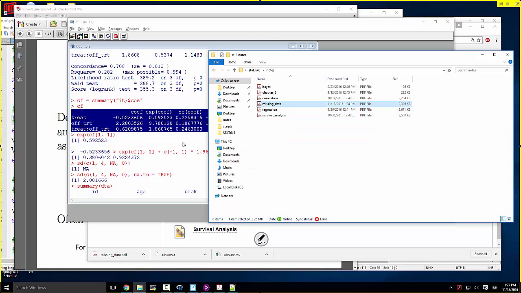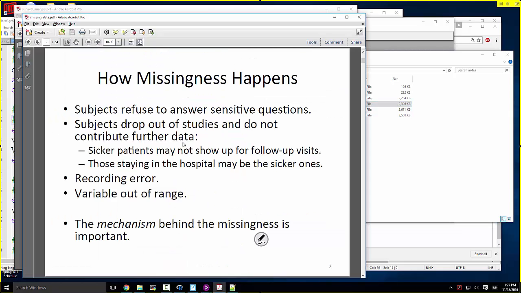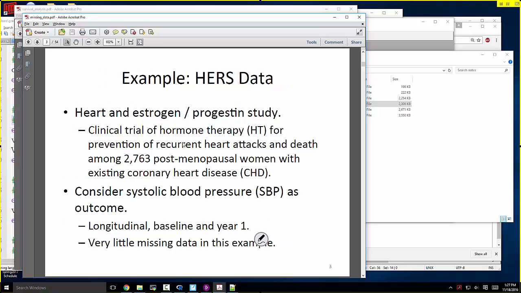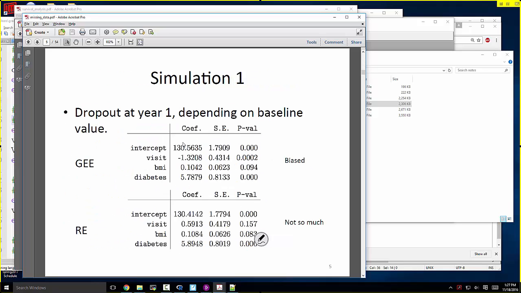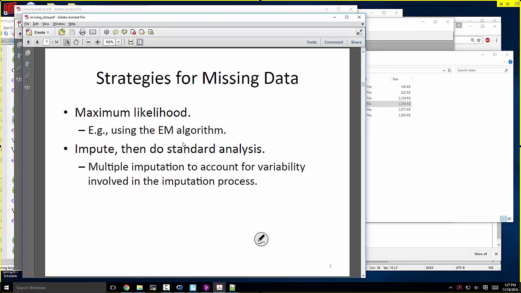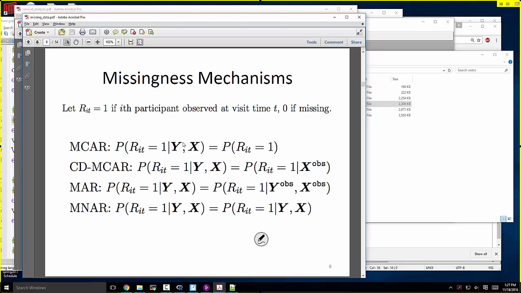So this is the missing data script, or notes, and let me come down to here. Let's think about data where, for each individual, we observe them at specific time points.